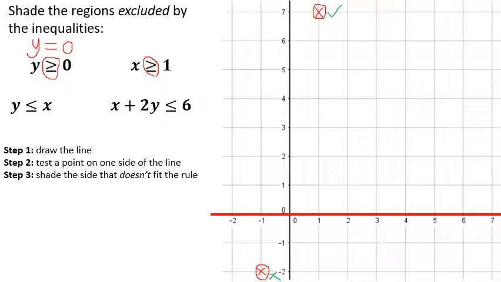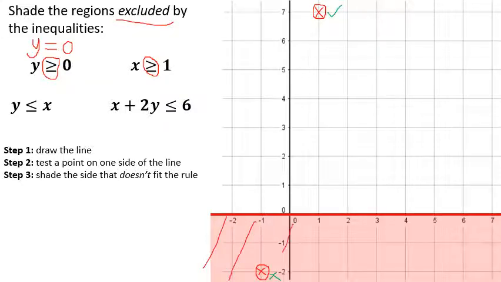And that is enough for us to see what the shaded side of the line should be. In this case, and depending on the situation, this is sometimes done differently, but we're going to shade the region excluded by the inequality. In other words, we're going to scribble out the section which is not allowed, and that will make it easier to see what's left over. And this is how it works. Shade this out, just draw some rough hatching lines.